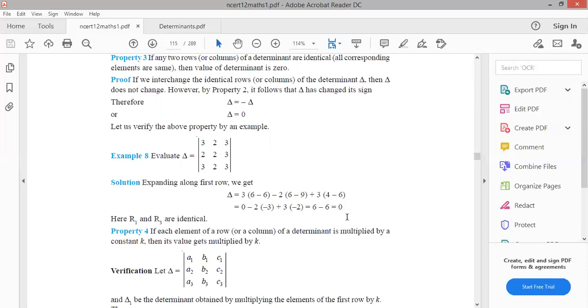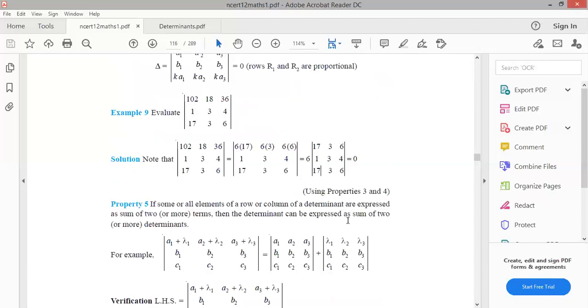We have actually expanded it without using the properties, but this confirms the property that we have studied earlier, because the first row and the third row of the determinant are the same, and we expect its value to be equal to 0. Yes, that is okay.